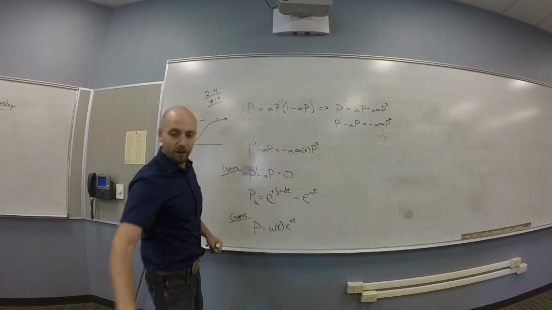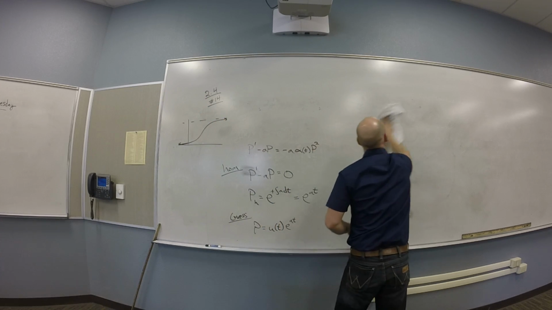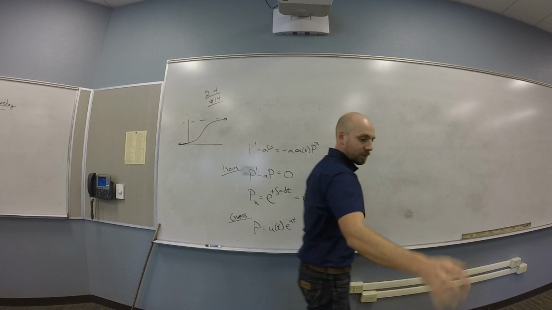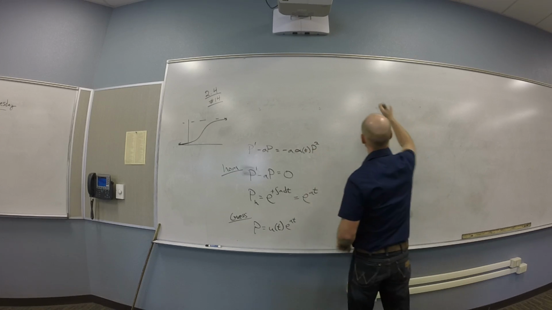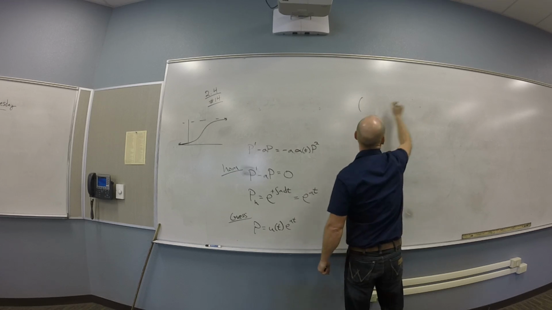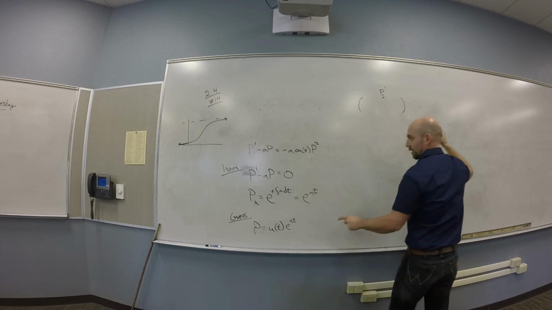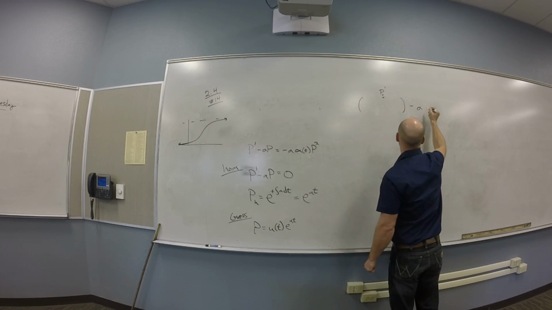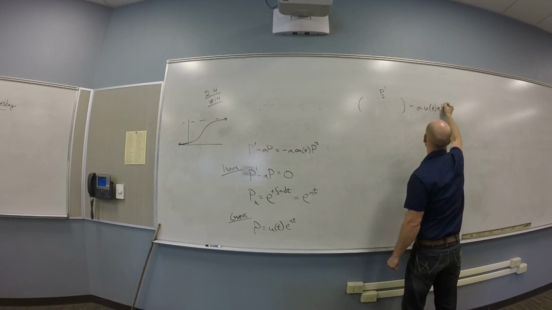Okay, so then you take that and you plug it in to here. Please note that I have totally disregarded my original motivation, because that problem was fairly easy to solve. So I plug that in here. Except I need p prime, don't I? So here I'm going to have what we'll figure out is p prime in a second, and then minus a times u of t e to the at.